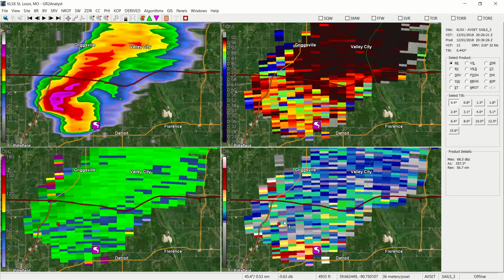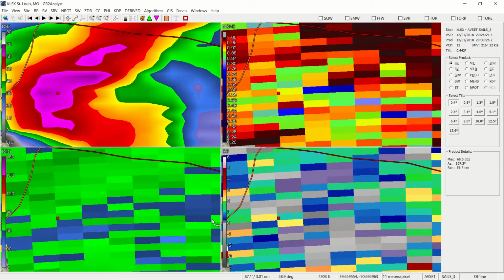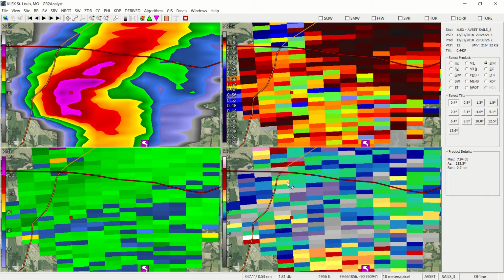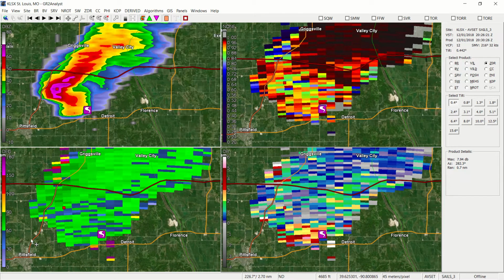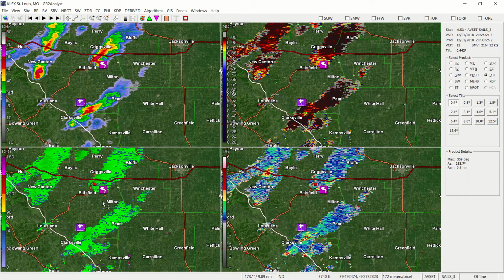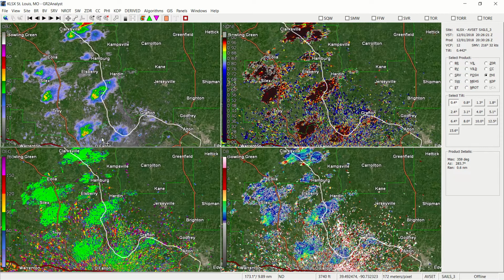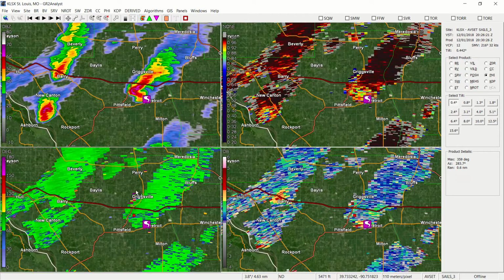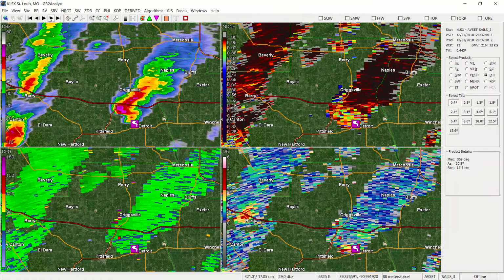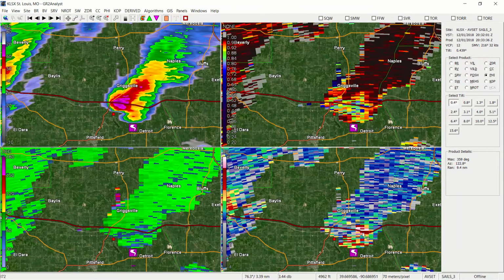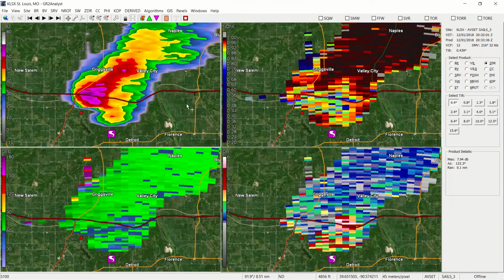But we do see some relatively lower values of ZDR, and obviously a lot of drop sorting going on, and some large differences. Once again, though, not a whole lot of change in phi, so it's hard to tell how large that hail core is at that time, as a lot of those parameters aren't really picking up very well.